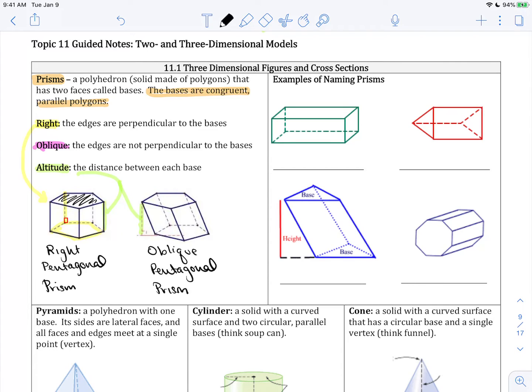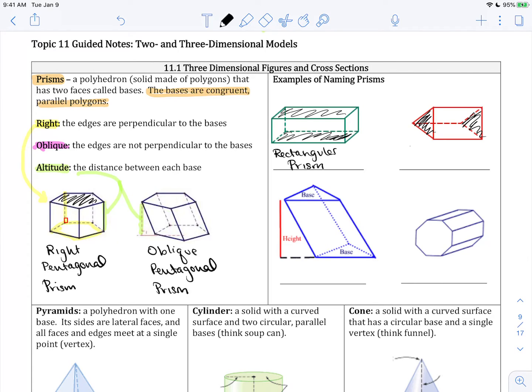All right, let's look at a few more. So name the prism. So here we have bases that are rectangles, right? These sides here are congruent and parallel. So this is a rectangular prism. This next one, we have these congruent parallel sides. Those are the shapes of triangles.